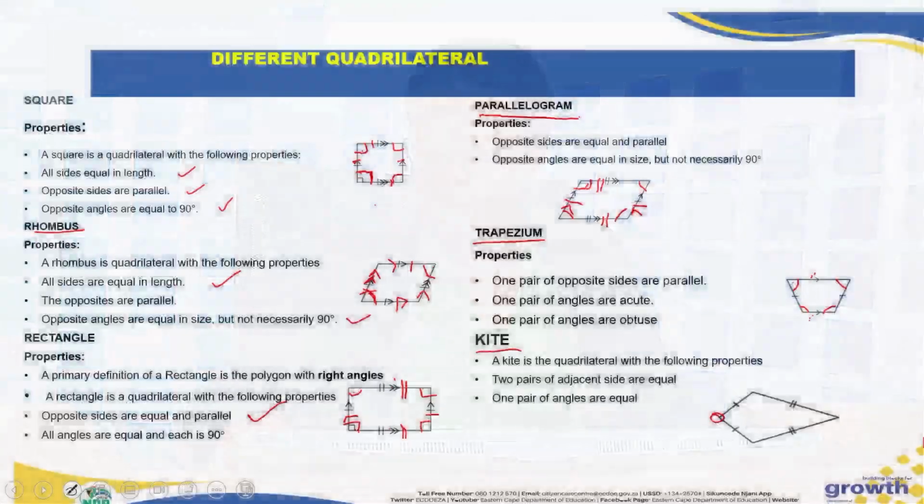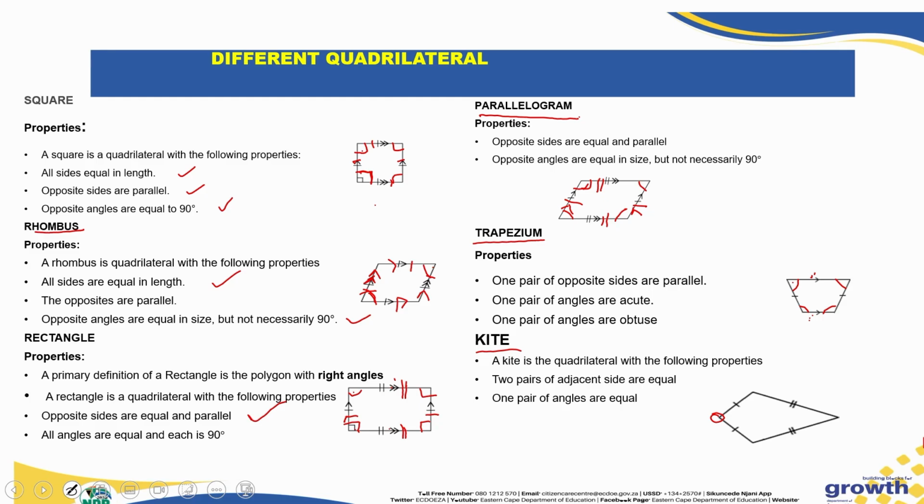Therefore, this side is adjacent to this one. Even on this side, these longer sides of the kite are adjacent to each other because they are intersecting at that point. So we have these two pairs of sides being equal and adjacent. Therefore, the opposite angles are equal. Those are the properties of each of these quadrilaterals.